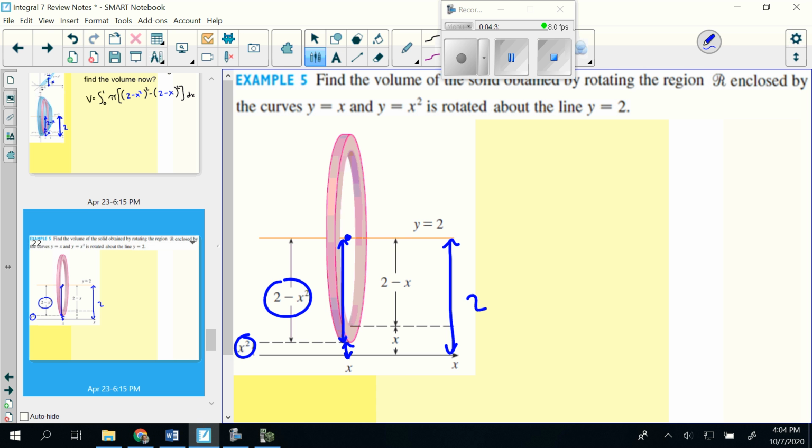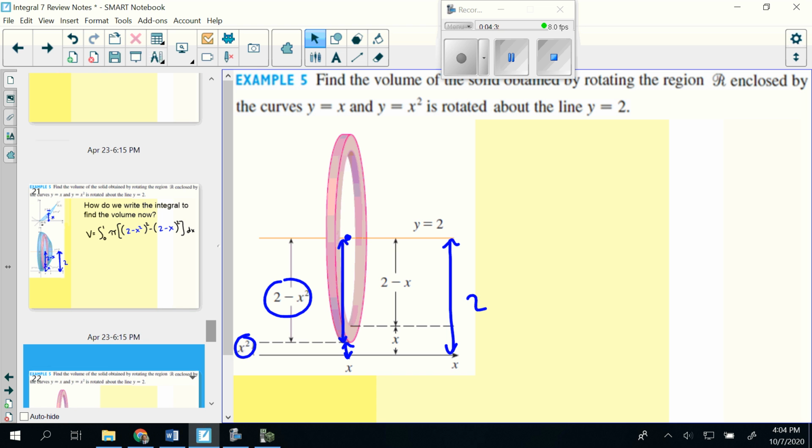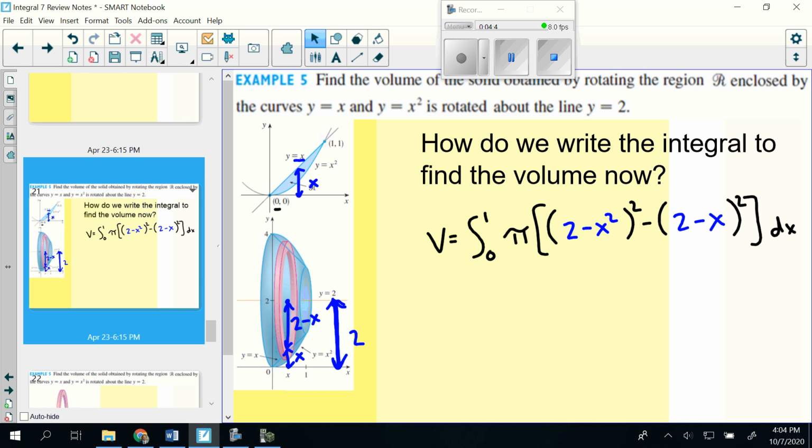And then same with the inside one. All right, so the evaluation of that we know how to do. You could use a calculator or something to evaluate and get your answer. But the setup is the part where you have to do some adding or subtracting whenever this line changes.